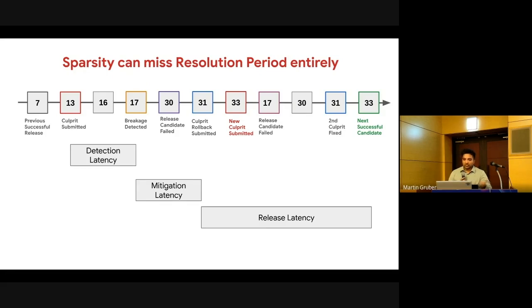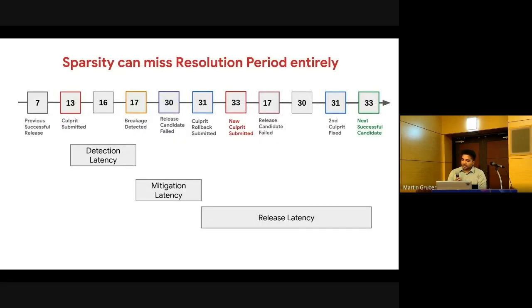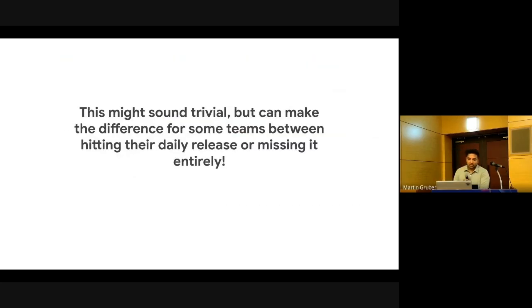And so this is why it's important to have more frequent CI signals for release. And so some of our other work has looked into improving CI signals for people fixing their tests, but this is CI signals for the release infrastructure, which matters just as much.